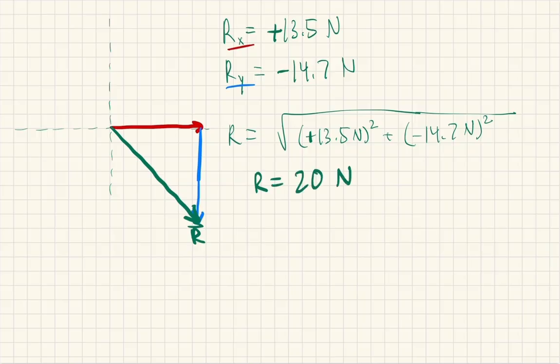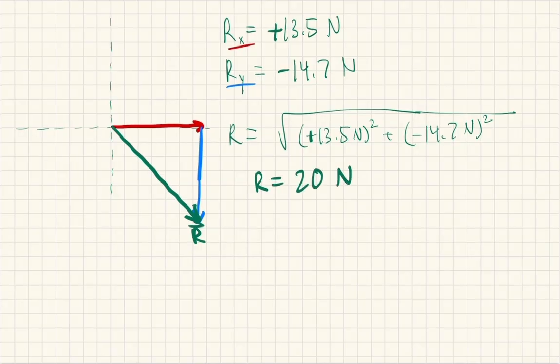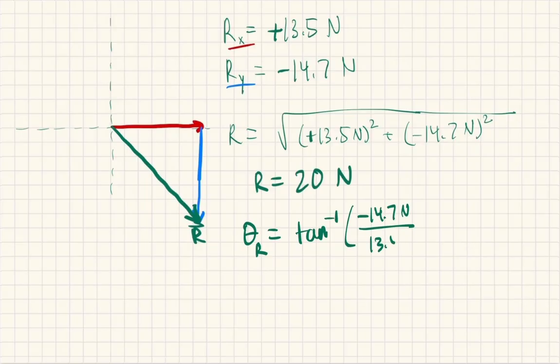Now, what does change, though, is that when we search for what we now call the reference angle, we're actually going to get something a little bit different. So the inverse tangent of negative 14.7 newtons over positive 13.5 newtons is going to give you negative 47 degrees. Now, in this case, just like if we had a vector in the first quadrant, the reference angle is actually going to be the same as the direction angle.